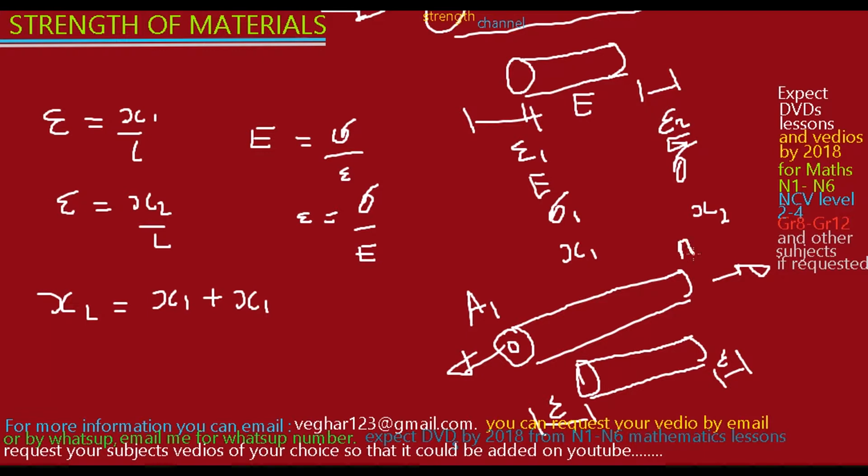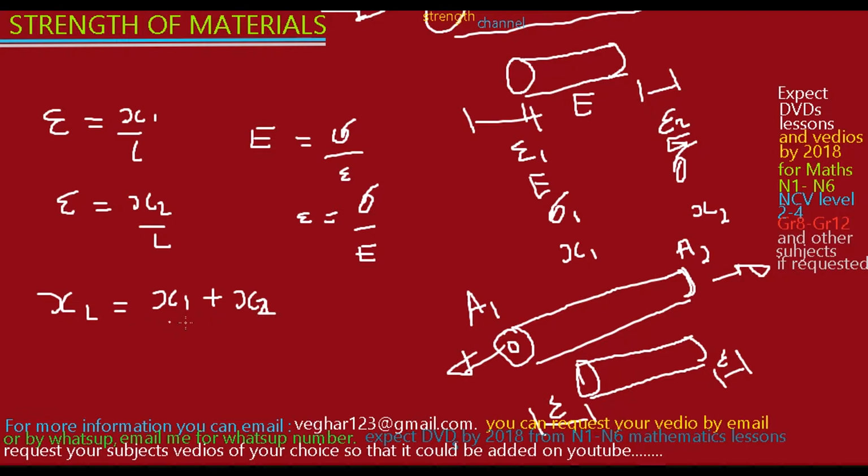What is the same is the modulus. The force sometimes is not the same, but here mostly we apply the same. Sometimes it happens that it's different, so you have to use the area of this one. The area of the one can be different from the other one.